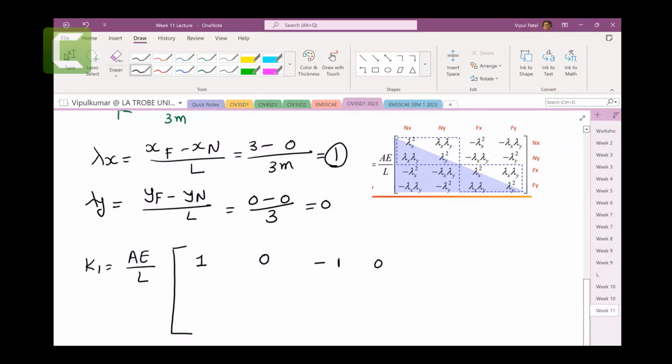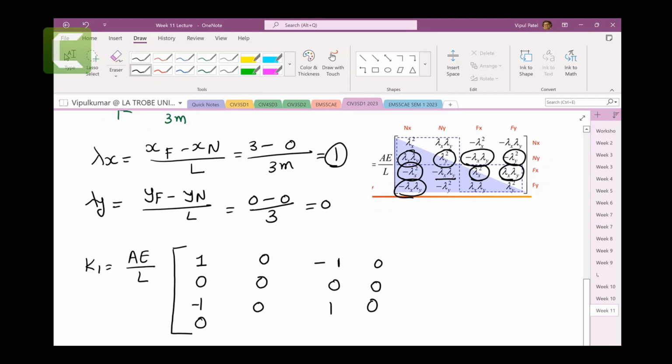Now we have lambda x times lambda y, where lambda y is 0, therefore 0. Lambda y square, that is 0. This is minus, so that is 0 because we have lambda y. When you see lambda y, they are all 0. Lambda x square minus 1. This one is 0 because lambda y is 0. This one is 1. This one is 0 because of lambda y.